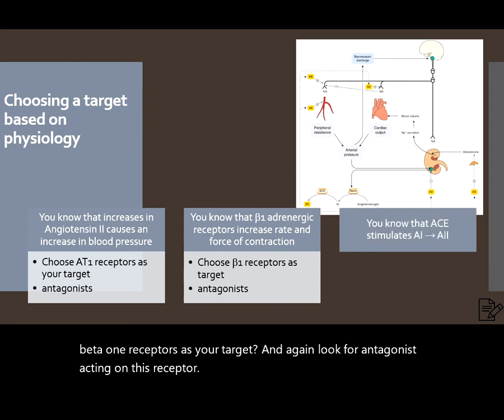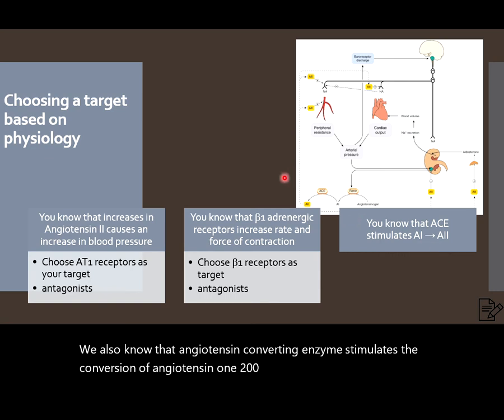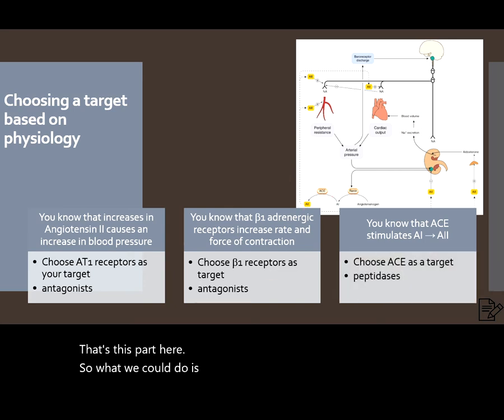Once again, we also know that angiotensin converting enzyme stimulates the conversion of angiotensin I to angiotensin II. That's this part here. So what we could do is to choose angiotensin converting enzyme as a target and use peptidases which inhibit this enzyme.